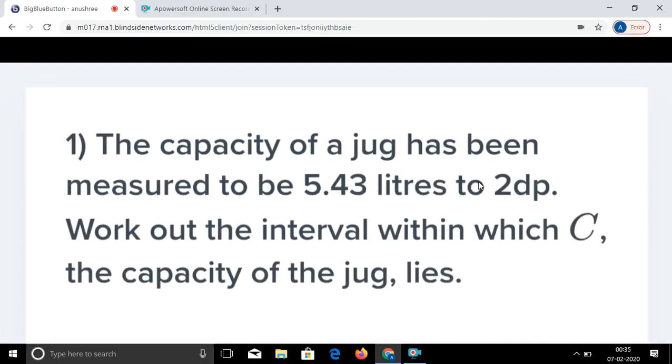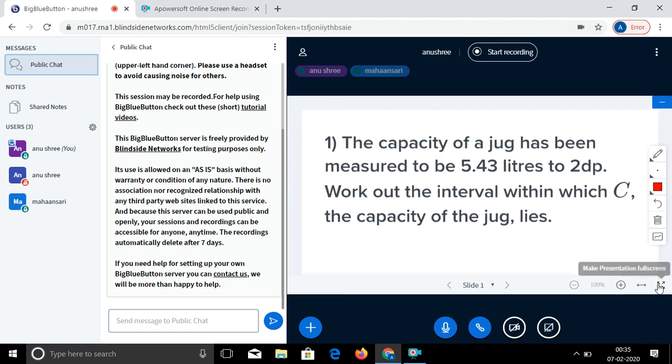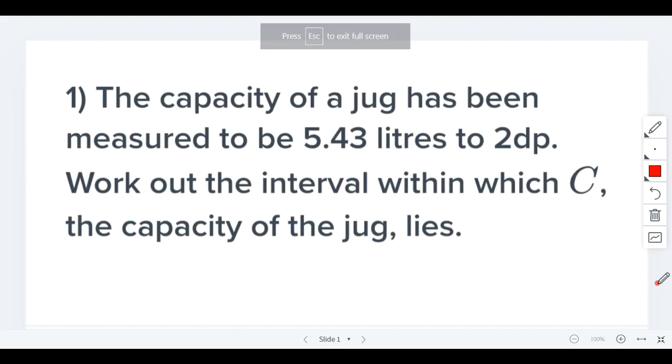Work out the interval within which the capacity of the jug lies. You should just answer it on the screen. Yes, you have to solve this. Three decimal places.